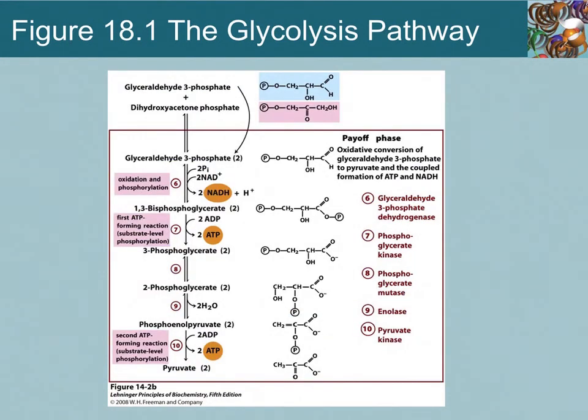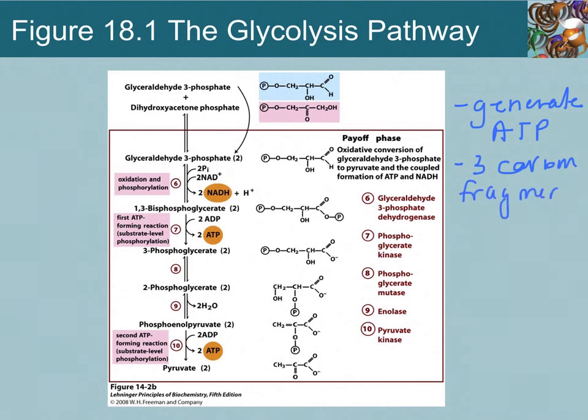In stage 2 of glycolysis, we're going to generate ATP. Here we are going to take our 3-carbon fragments and make pyruvate.